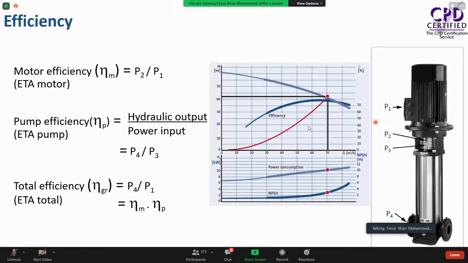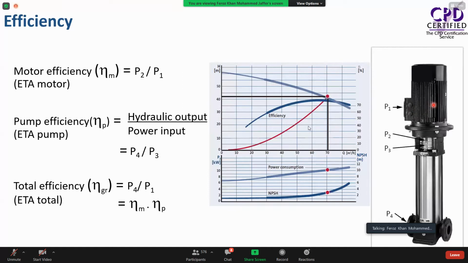Now let's look at the different efficiencies that are involved in pumping applications. The first one is the motor efficiency. In the motor, we have two powers. P1 is what we give to the motor and P2 is what we get from the motor. Theoretically, P1 and P2 cannot be the same.